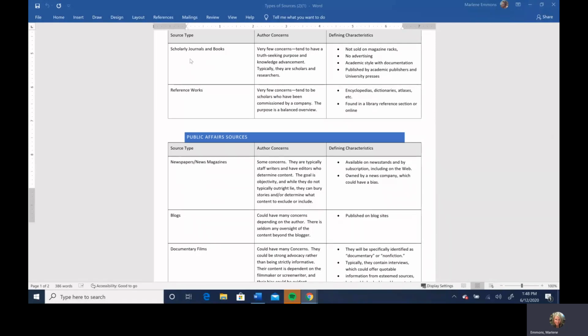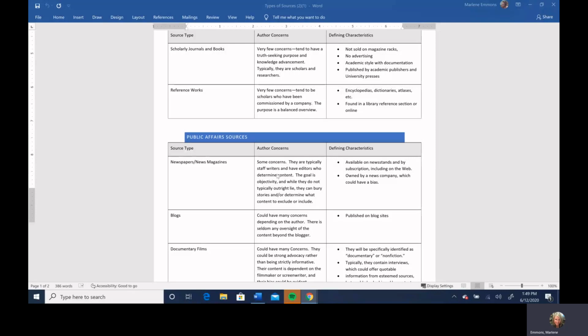So a scholarly journal is going to be likely to have it peer reviewed. They're going to check it. That means that they won't be publishing every week or every month. Newspapers and news magazines, as you know, are published daily, maybe news magazines publish monthly.